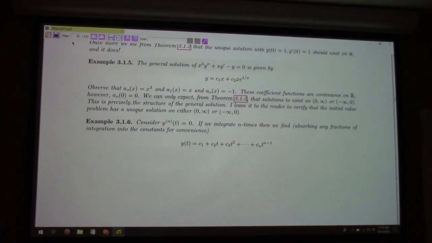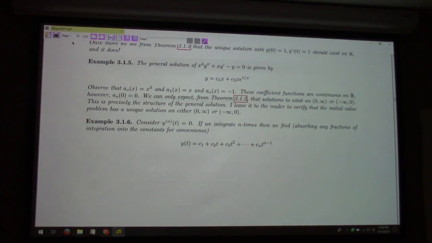Now this one is an nth order problem that you can already solve. How do you solve y to the nth derivative equal to 0? Integrate once, then you get the (n-1)th derivative equal to a constant. Then integrate again, you get c1 times x plus c2 is equal to the (n-2)th derivative.